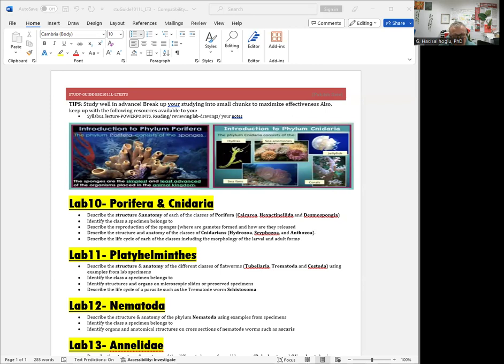There are 2 body types, polyp and medusa. Polyp is more like the open flower, and medusa is like upside down. We see these 2 body types in jellyfish and some other animals in this group. What else about Cnidaria?